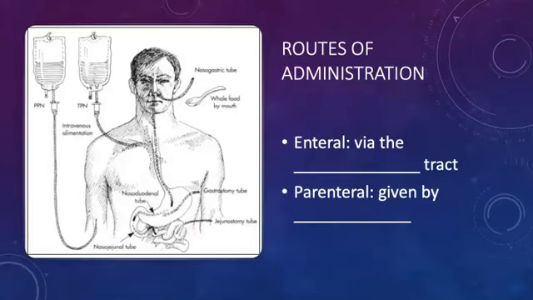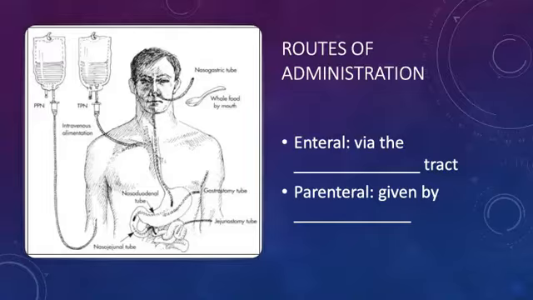We also have to think about some routes of administration for our patients. Anything that goes into the mouth, into the GI tract, through the esophagus, the stomach, the duodenum, into the small intestine, we're talking about enteral, E-N-T-E-R-A-L, within the gastrointestinal tract.